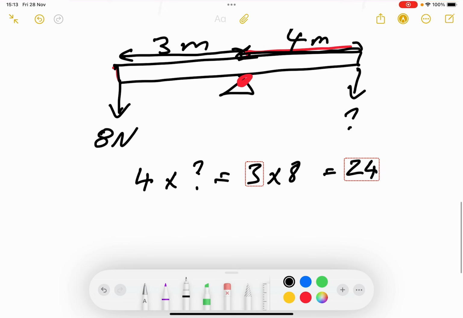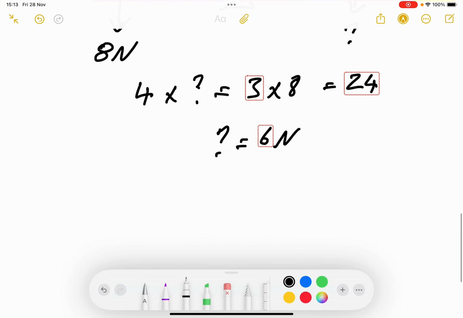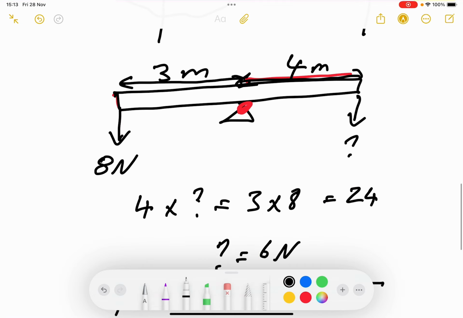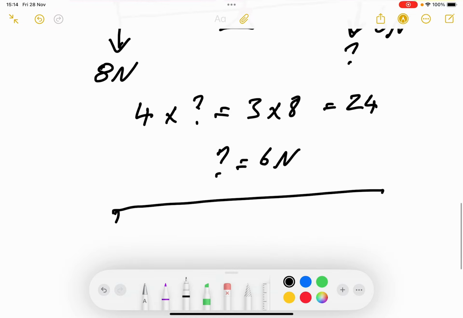So question mark is 24 over 4. Question mark is 6 newtons. It isn't really mathematically much more complicated. Oh, just another thing. Assuming the beam is light, that means there must be a force acting up here of 14 newtons to keep it in overall equilibrium, because forces up must equal forces down.